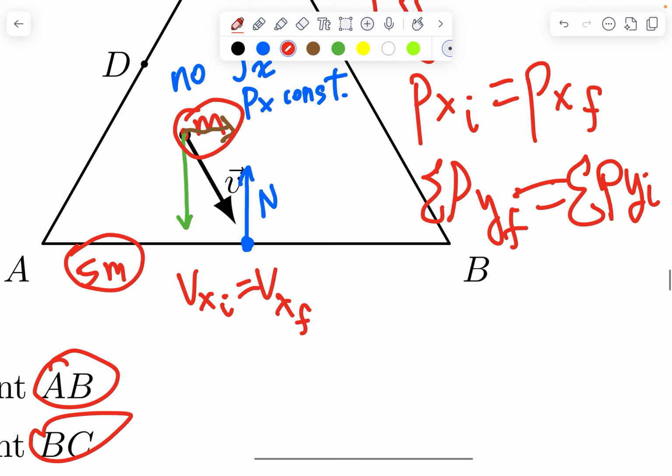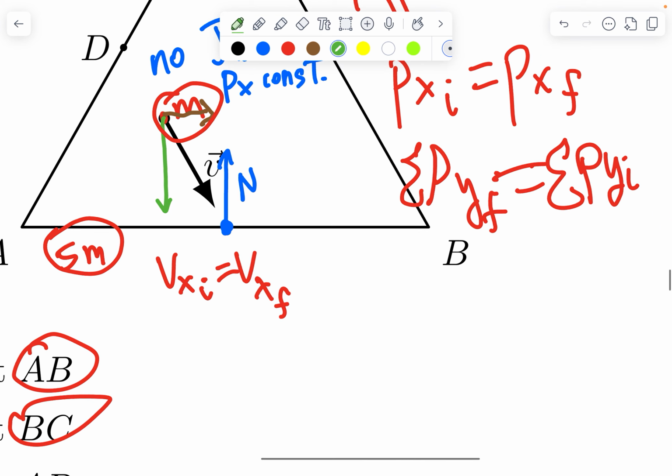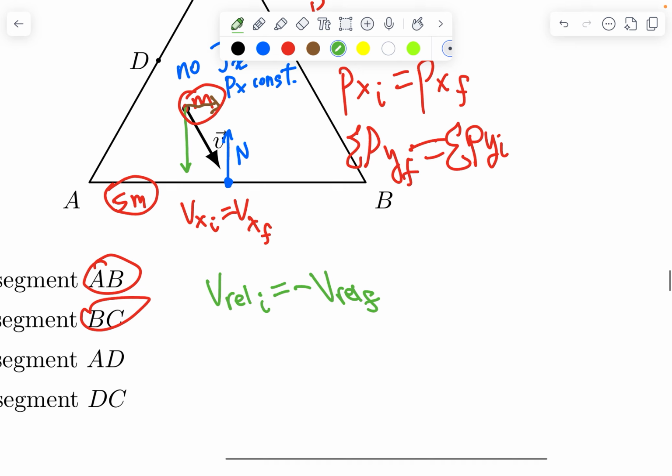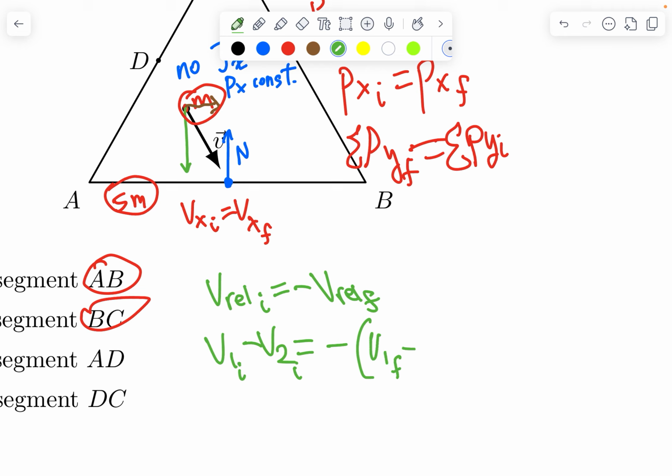And now, very importantly, we have to use our properties of an elastic collision, which is that the v relative initial is going to be equal to the negative of the v relative final. In other words, V1 minus V2 initial is equal to the negative of this.